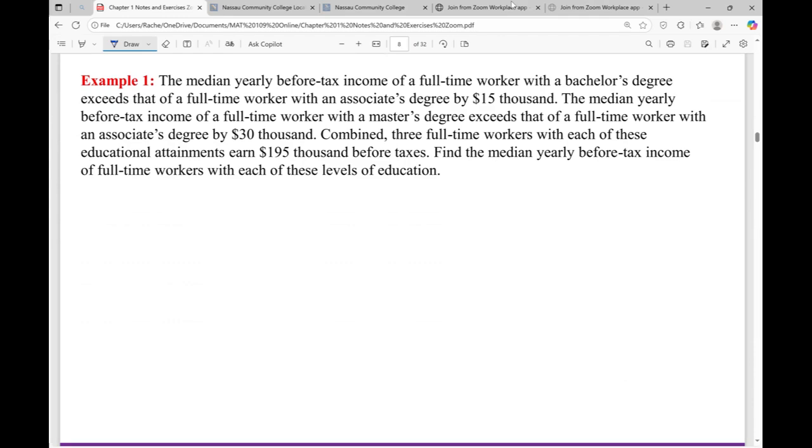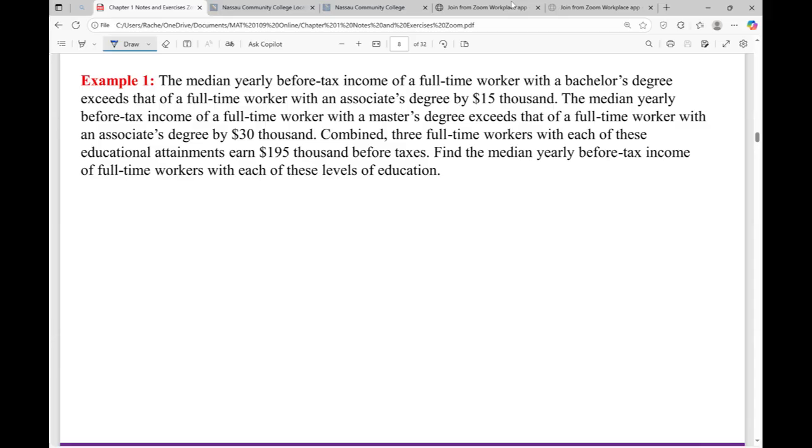It says the median yearly before tax income of a full-time worker with a bachelor's degree exceeds that of a full-time worker with an associate's degree by 15,000. The median yearly before tax income of a full-time worker with a master's degree exceeds that of a full-time worker with an associate's degree by 30,000.